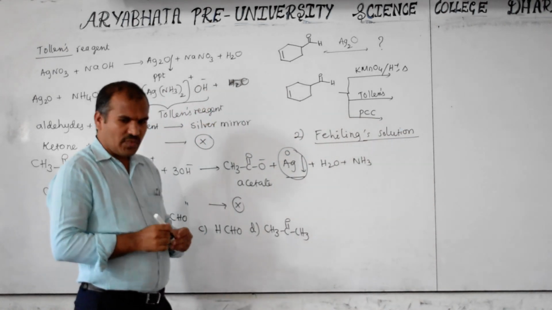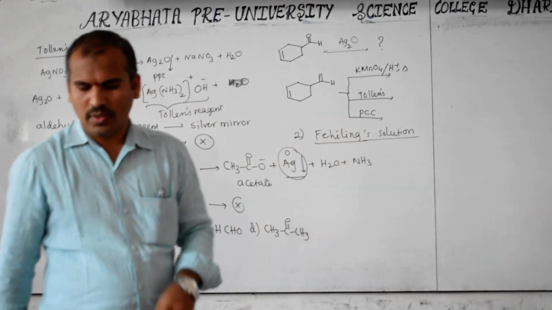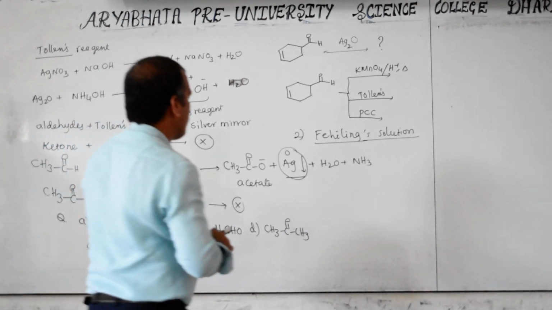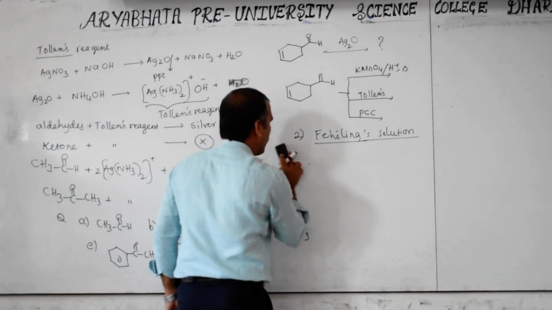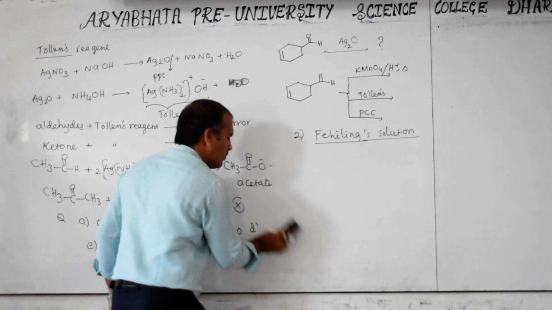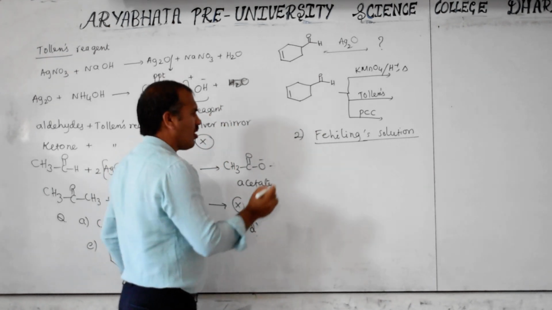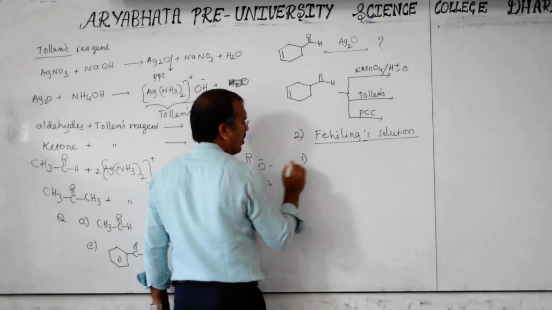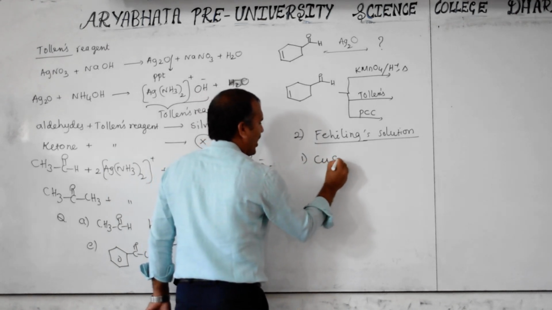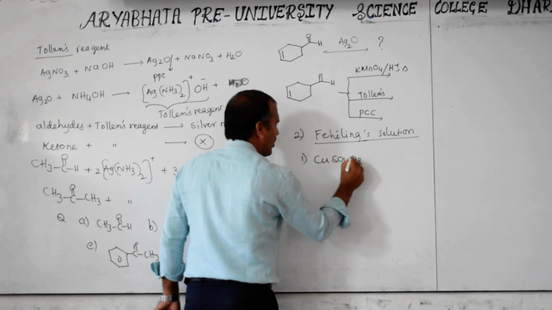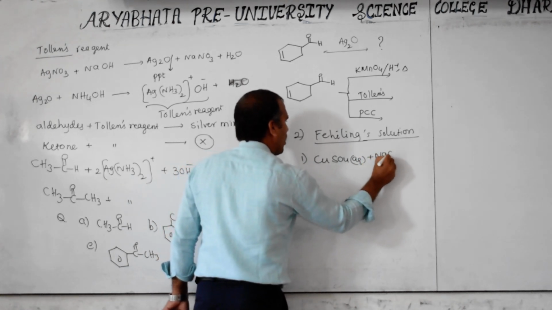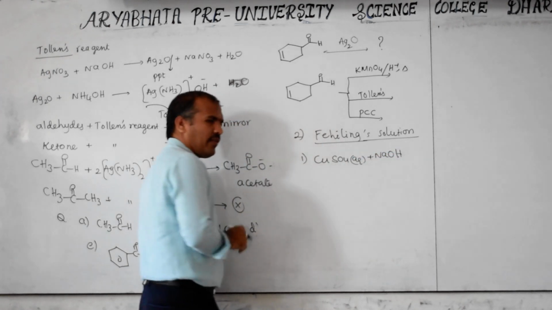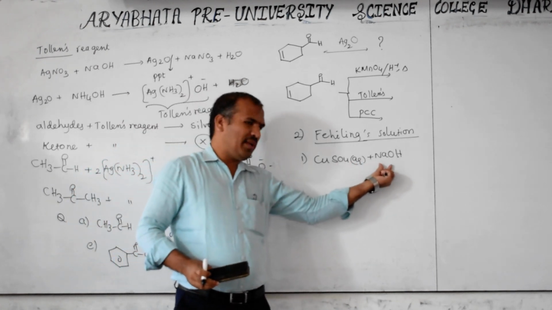Okay. So now I am removing this part. It is a combination of two solutions. One is CuSO4 aqueous and NaOH, alkaline copper sulfate. Alkaline means base.